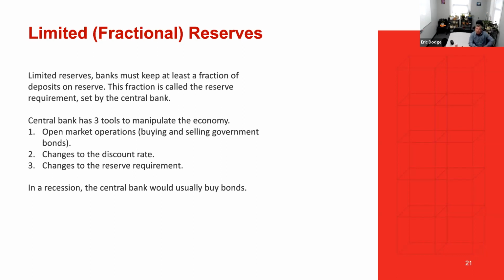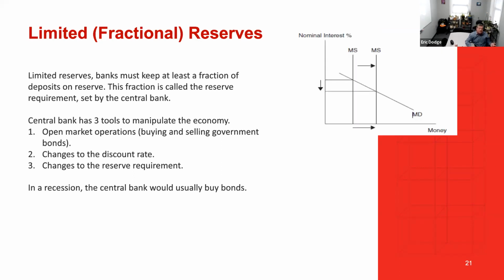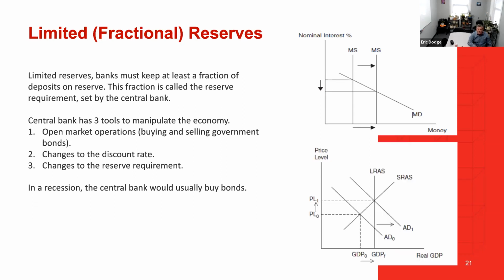So in a recession, you're taught central bank needs to be buying bonds, and you would have this graph in mind showing the vertical money supply shifting to the right and driving down that interest rate. And then you would probably, in an FRQ anyway, be asked to also draw your ADAS, where this expansionary monetary policy shifts AD to the right, the lower interest rate stimulating investment. That moves us closer to full employment, lowers the unemployment rate.